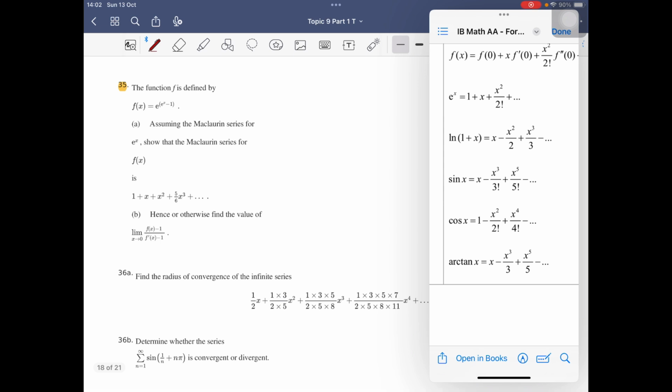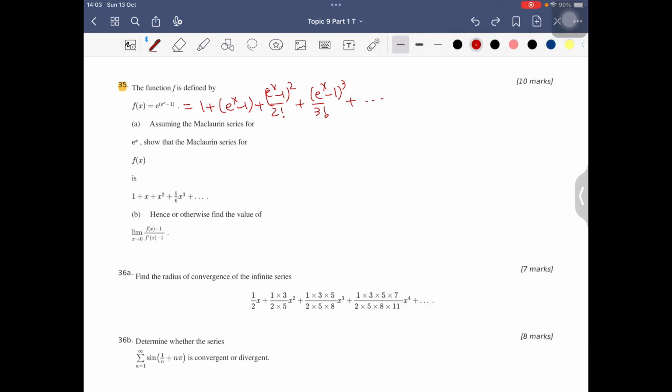So 1 plus, e to the x minus 1, plus e to the x minus 1 squared, plus. Let's go to another one, e to the power of x cubed, because it goes up to 3, so just in case I made it like that.